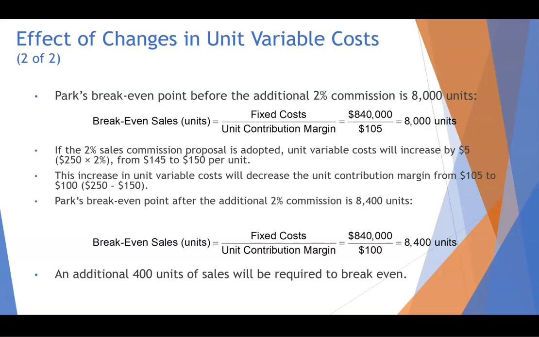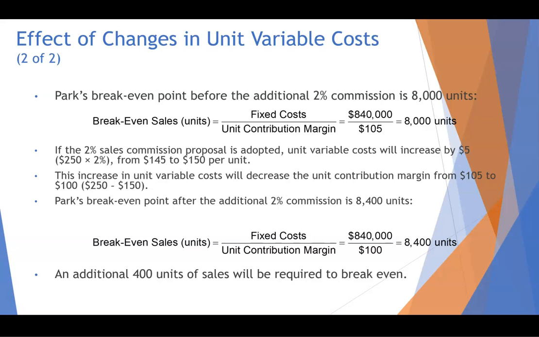Park's break-even point before that additional 2% commission is 8,000 units. But if we add that 2% commission, costs are going to go up $5 per unit. This increase in the unit variable cost is going to reduce our contribution margin down to $100.